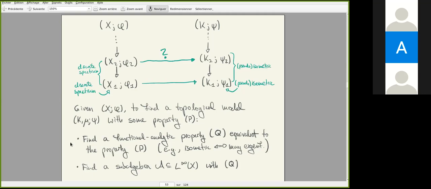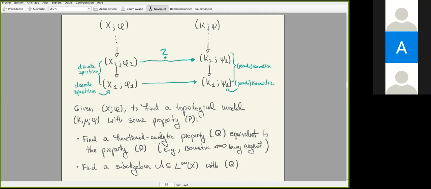First, we needed a functional analytic property q, which is equivalent to the property p. In our case, property p was the system is isometric, the topological model is isometric, and the functional analytic description is we have many, many eigenfunctions. And then we use this characterization to find a subalgebra A, which satisfies this property q, so that if we use it to construct a topological model, we will get the property p that we actually want.